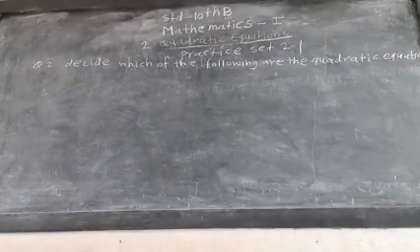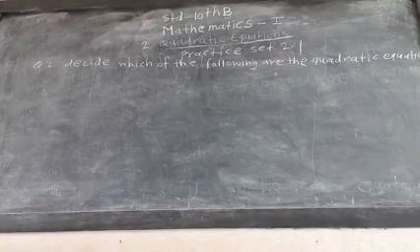First equation: x square plus 5x minus 2 equal to 0.